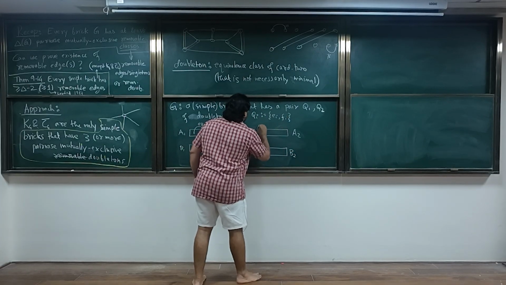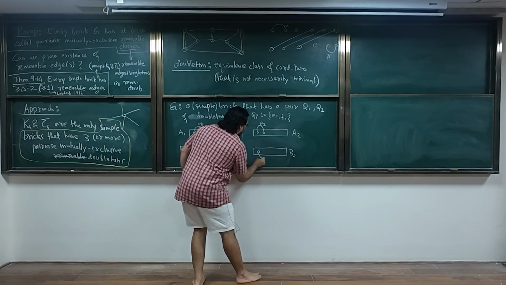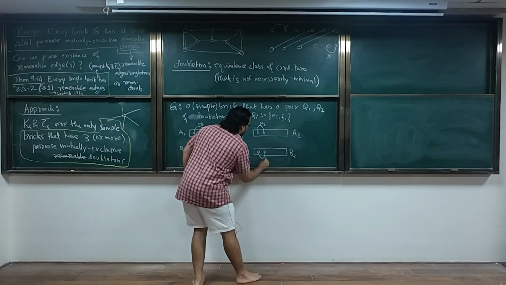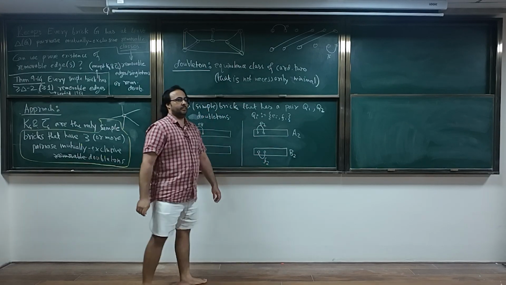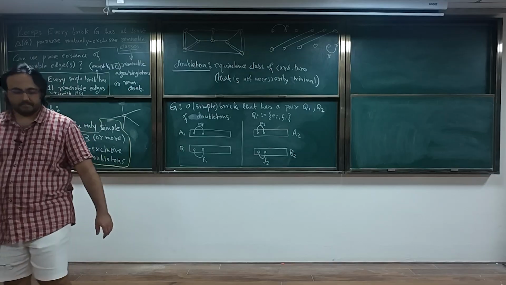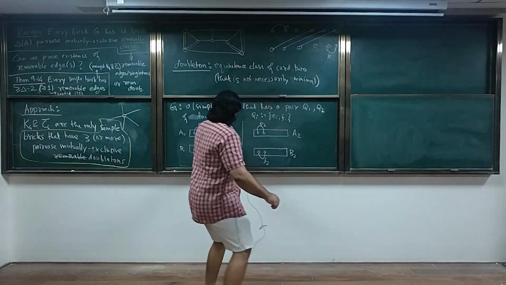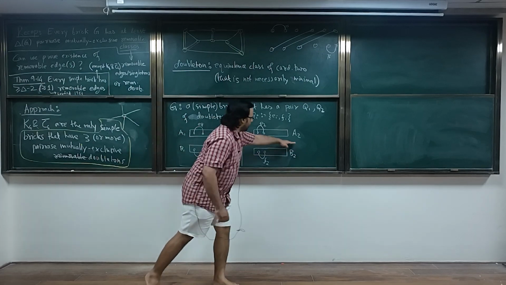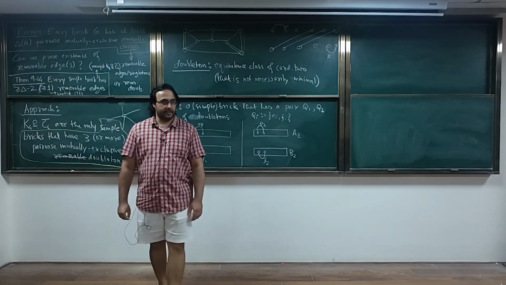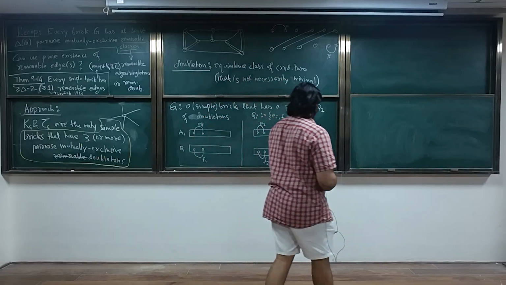The edge E2 has both ends here, and the edge F2 has both ends here. And this is a cut. Their symmetric difference, Q1 union Q2, is a cut.